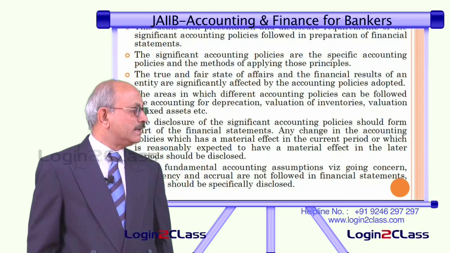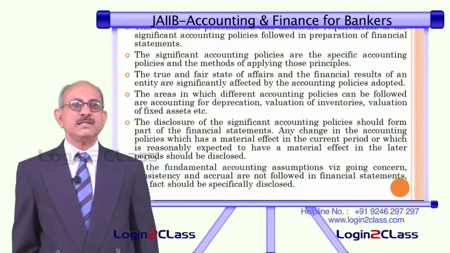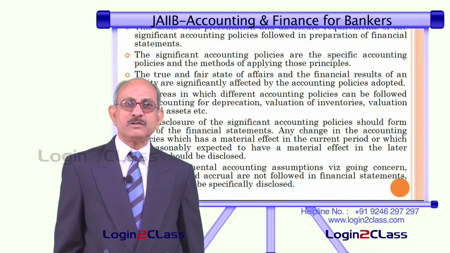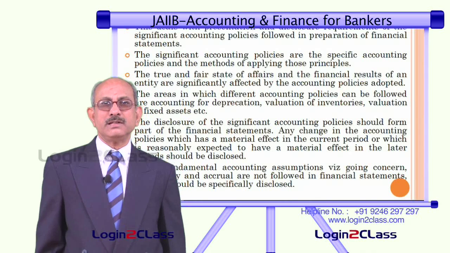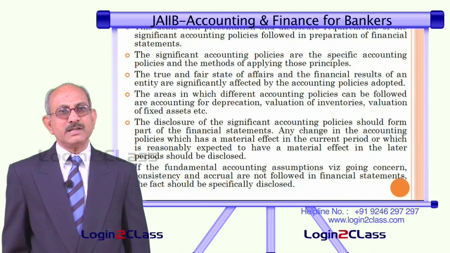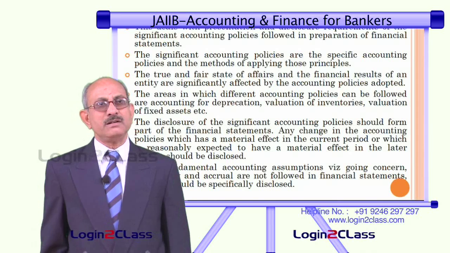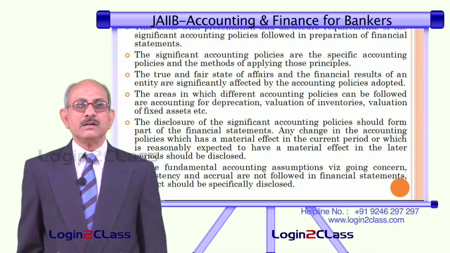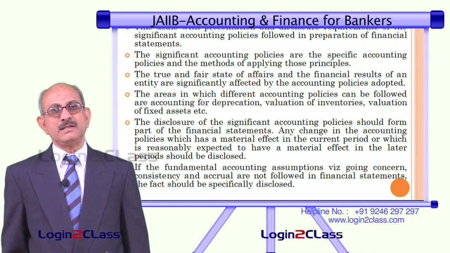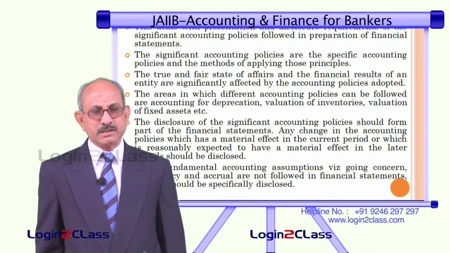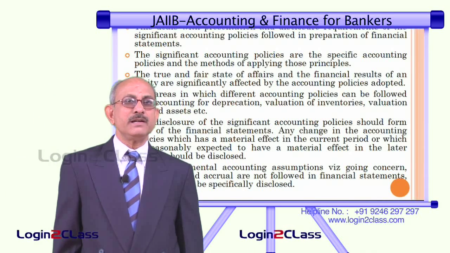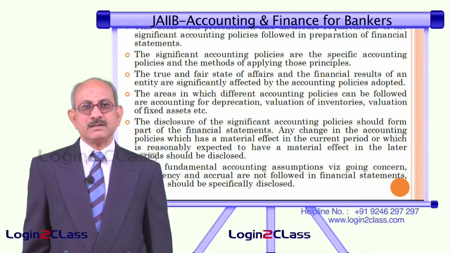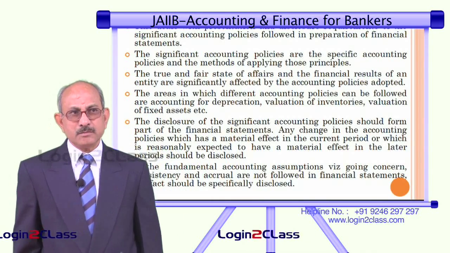For example, let us say if the company has changed its method of depreciation from WDV to straight line method, this will, as you know, naturally affect the profit and loss of the entity. So, if the entity has changed the method of depreciation, then they will have to quantify what is the effect in the profit and loss.